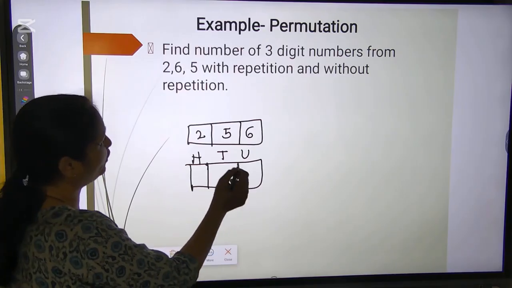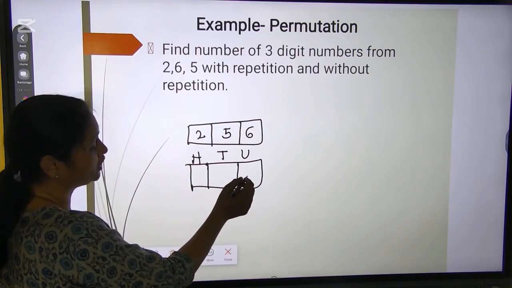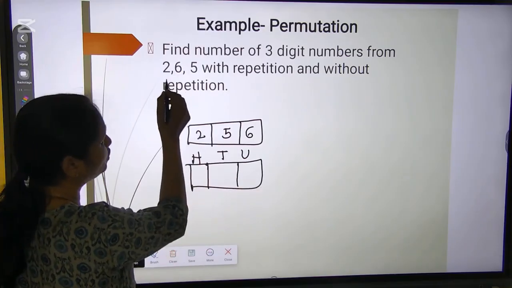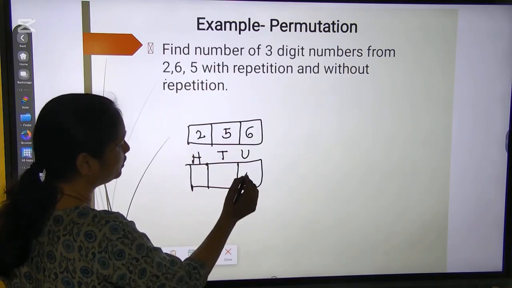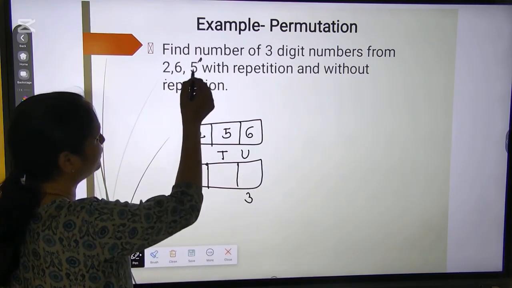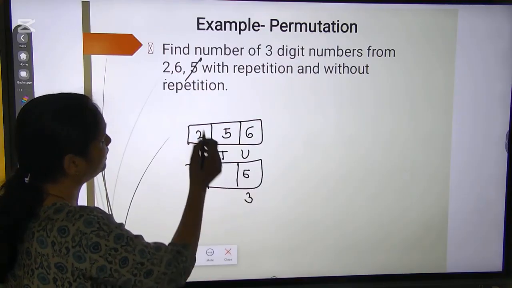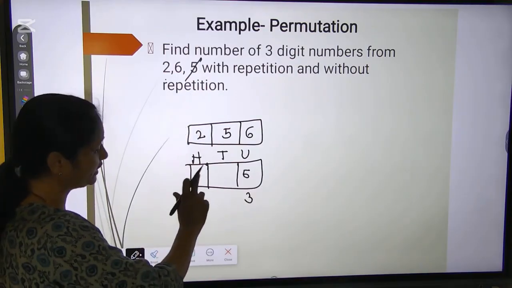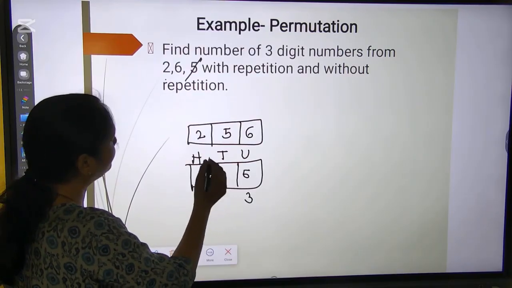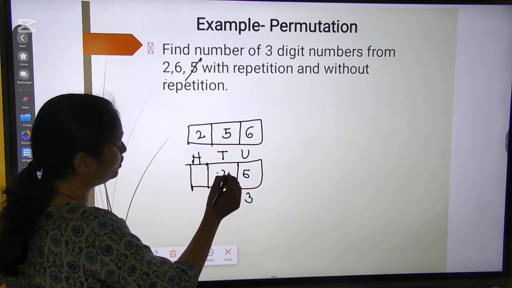So for the selection of the unit number, we have 3 choices. Either we can put 2, 6 or 5. Now out of 3, suppose we have put 5 here, then we have only 2 digits to arrange in these 2 boxes. So the 10th place can be selected in 2 ways.